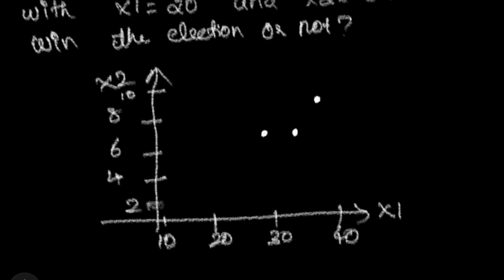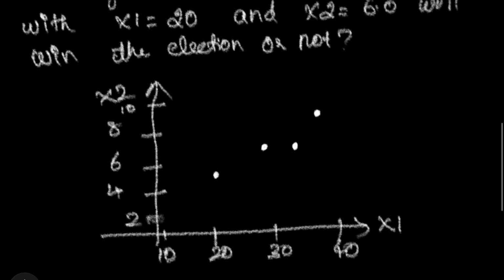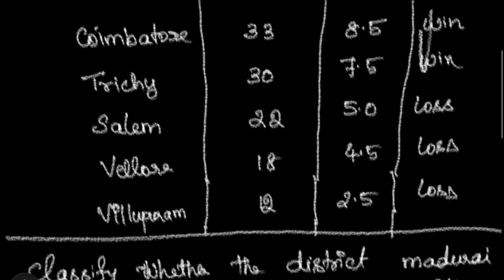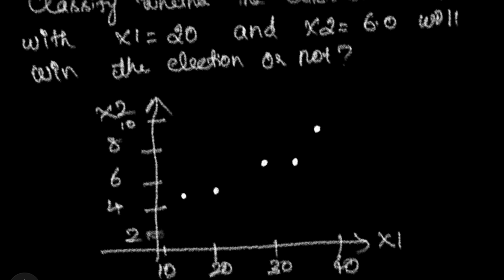We have it here, 22, 5.0. And for Vellore I have 18 and 4.5. Here it is Viluppuram with 12 and x2 is 2.5. I have 12 here, 12, 2.5.